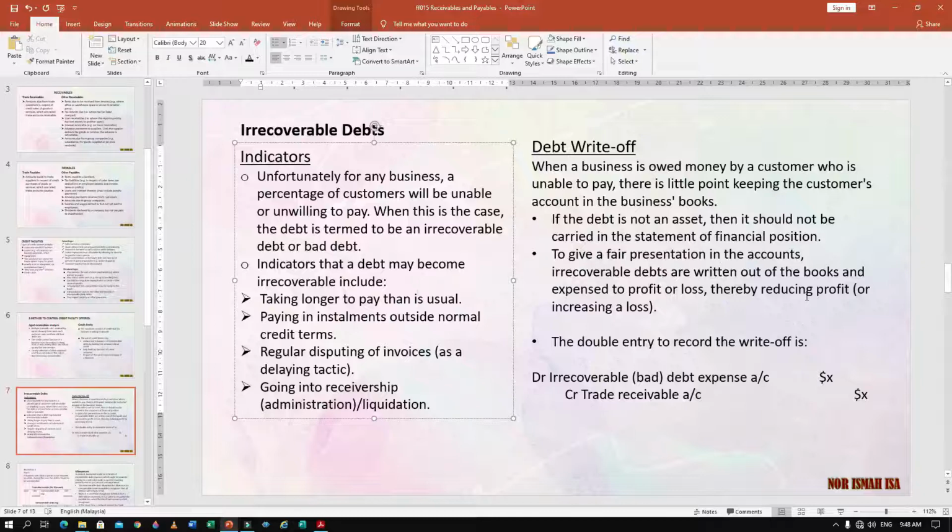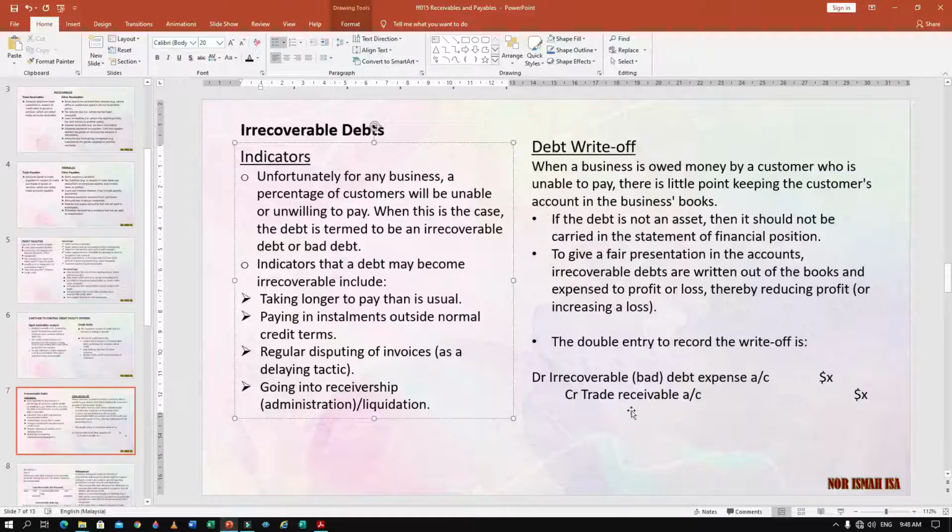So when this receivable is not expected to pay, it is not an asset, so it cannot be reported as an asset in the financial position. It needs to be written off, and it becomes an expense to the business, and it will reduce profit or increase loss.